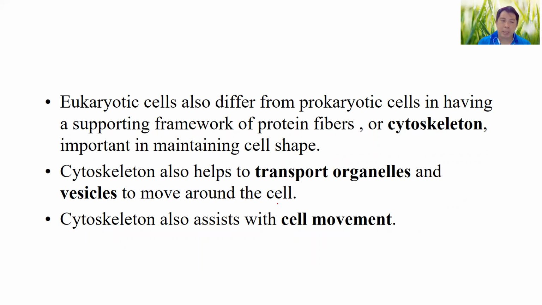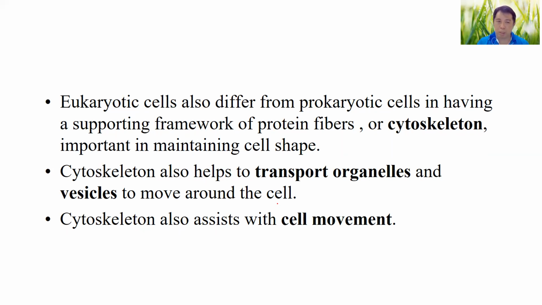For the vesicle also, they can move from the rough endoplasmic reticulum to the Golgi apparatus for protein modification, and from the Golgi apparatus to be excreted through the plasma membrane. This movement of the vesicles uses the cytoskeleton.